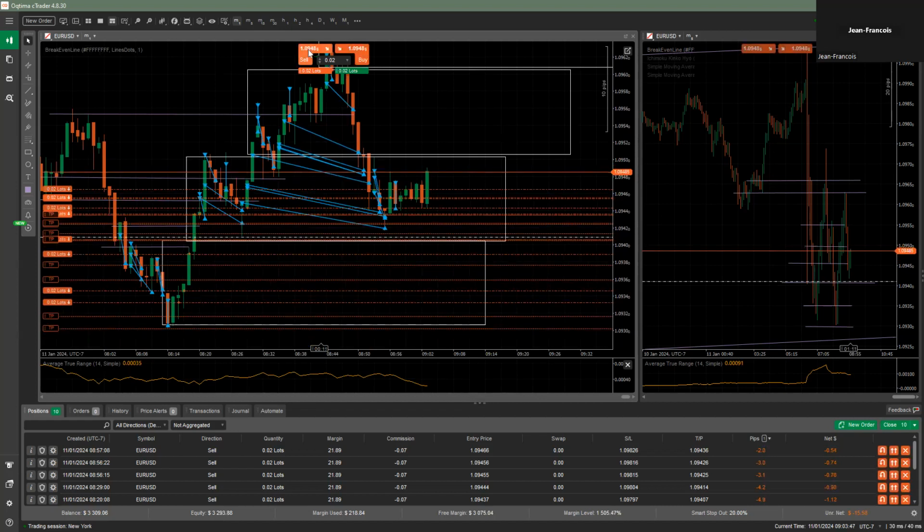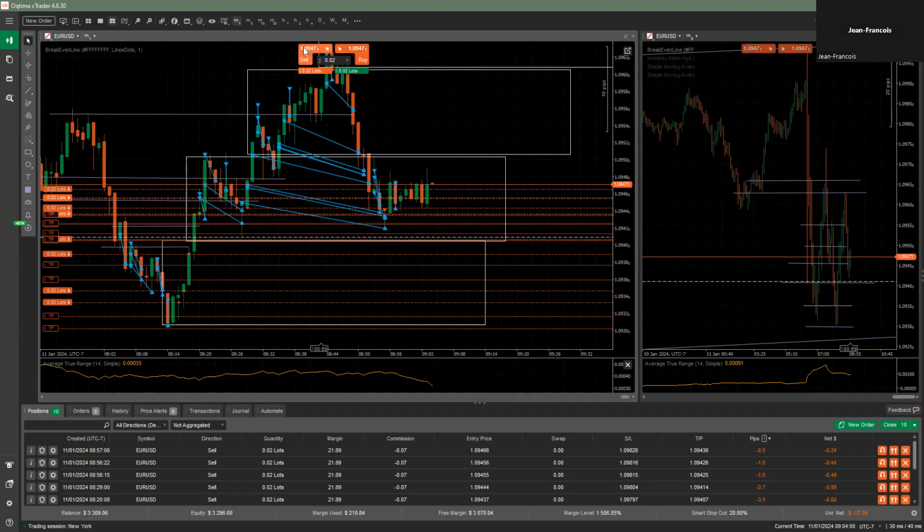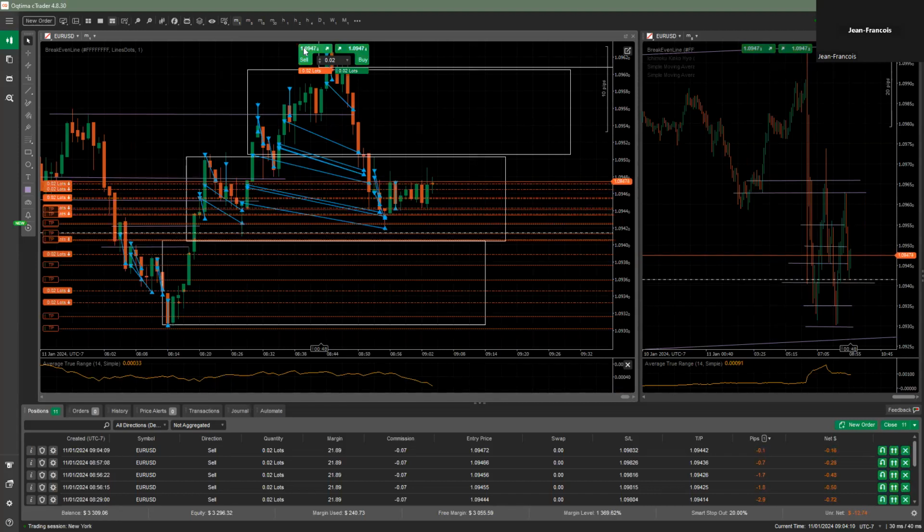Right? I want to sell the top of the box if I can, as close to the top as I can. Something like that. I just moved my break even into the second box.